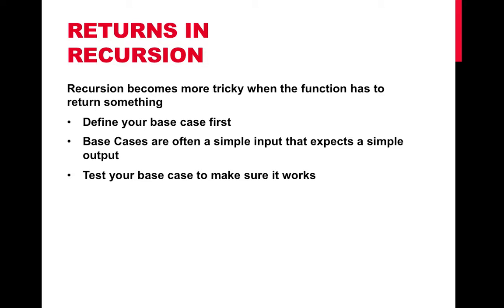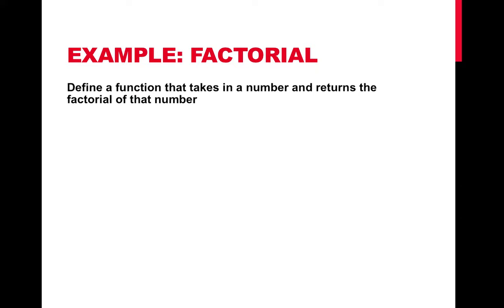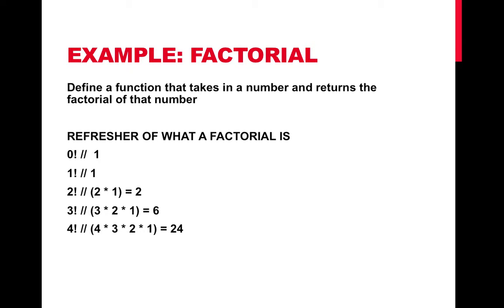So let's do another example. We're going to write a factorial function, and this function is going to need to return something. So define a function that takes in a number and returns the factorial of that number. Just in case you don't remember what a factorial is, here are some examples.